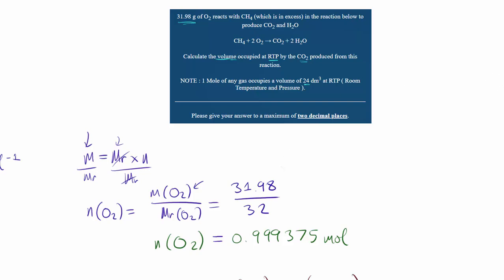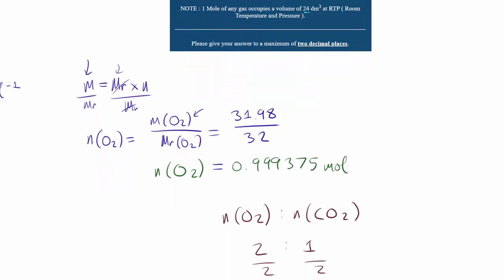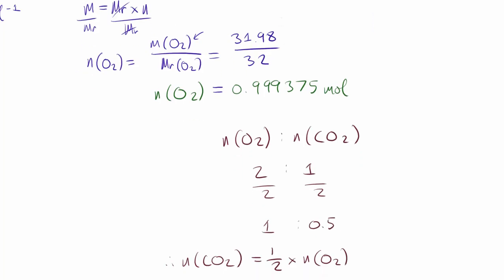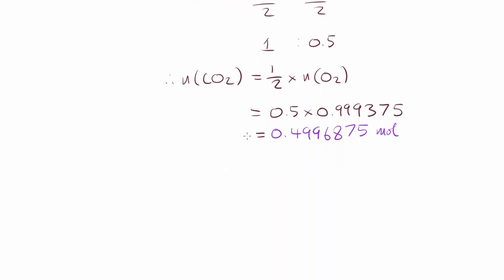Now, what is the implication here? Well, for every 1 mole of carbon dioxide, it's going to occupy 24 decimeters cubed. Therefore, in order to work out how much is going to be occupied by this specific amount of carbon dioxide, we need to multiply this by 24.